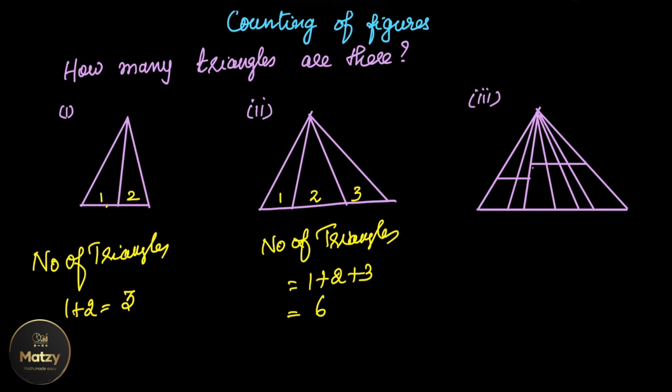Now, in the third figure, see the bases. This is one base. First base, second base, because this line is one straight line. Next, this is another straight line. Am I right? So for this you have to start from the beginning.